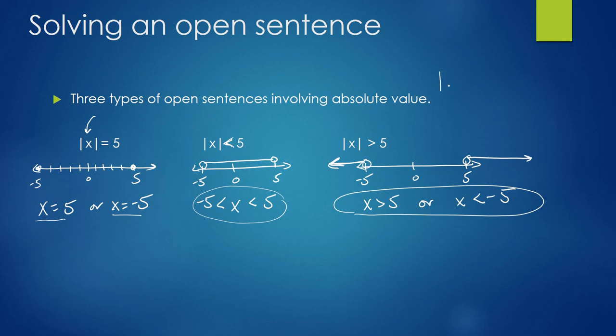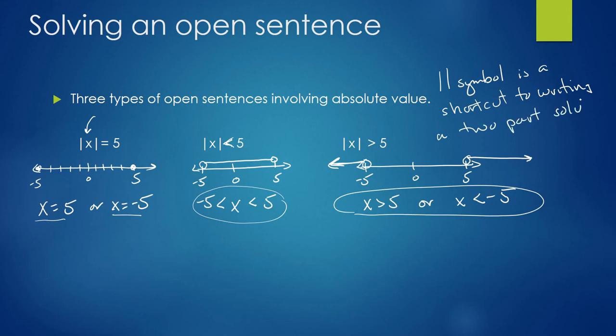In other words, the absolute value symbol is actually a shortcut to writing a 2-part solution. So this equation or inequality is the same as writing this 2-part inequality.